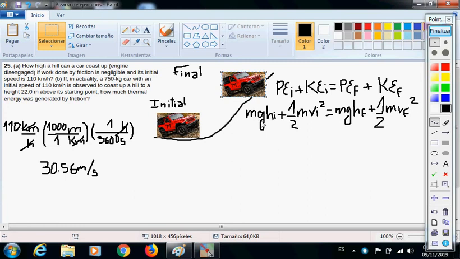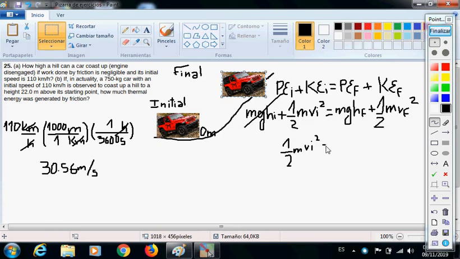Okay, let's analyze the first term. Mass times gravity times the initial height. The initial height is 0 meters. So the first term disappears, since the initial height is 0 meters. Well, okay, we will keep the second term, half of the mass times the initial velocity squared.